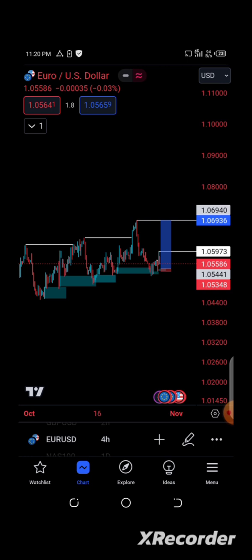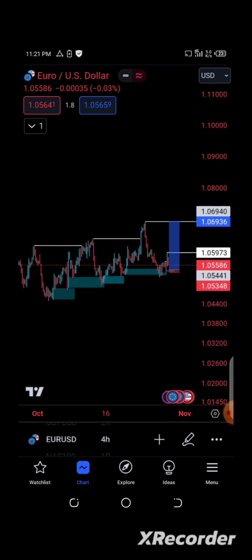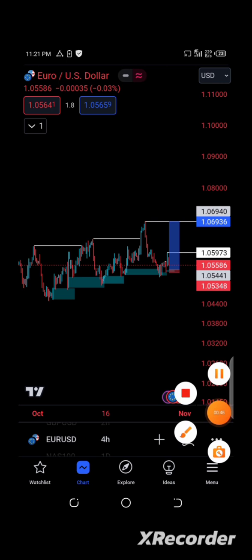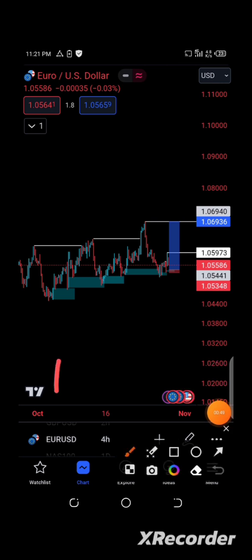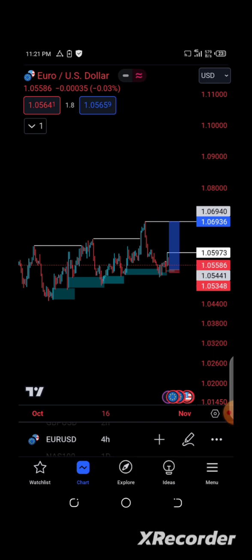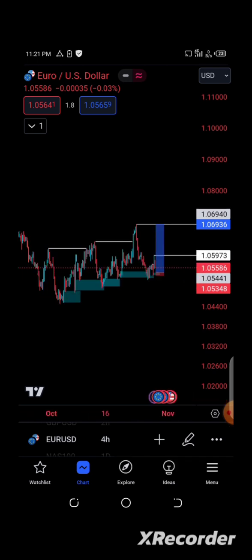So I'm on the 4 hour chart, and I can clearly see that the market is delivering in some way of this, right? It's coming back to demand zones, breaking higher. We can see price breaking structure.